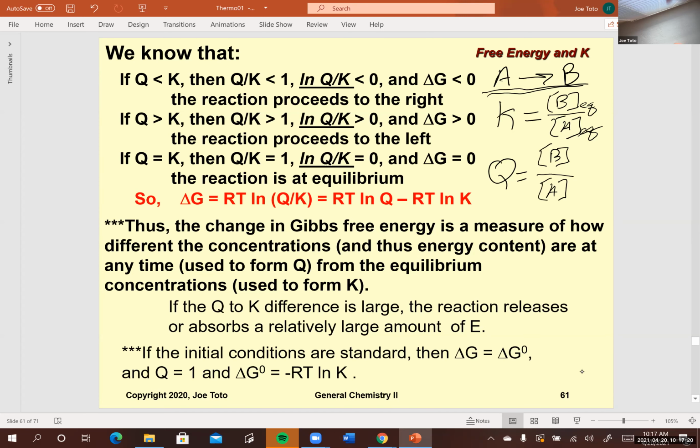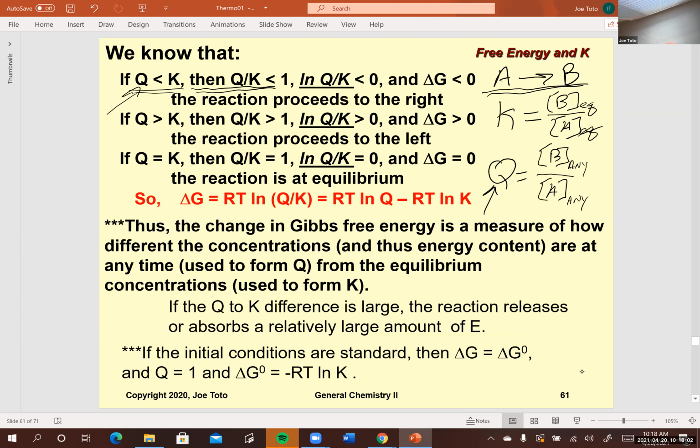Someone has realized that if I take the ratio of Q to K, now this Q can be any point or any concentration, including equilibrium. And when it is equilibrium, then Q equals K. So we can take a ratio of Q over K. Let's look at the first case first.